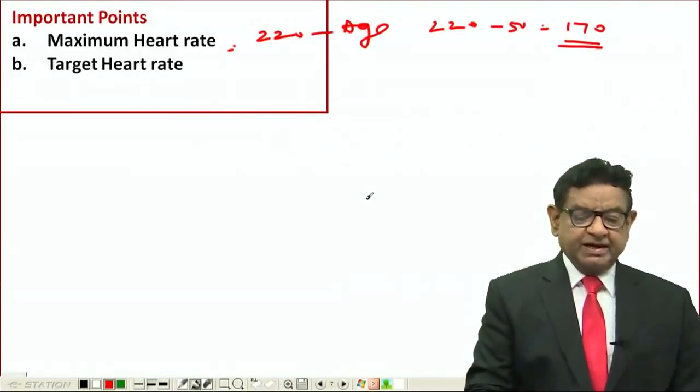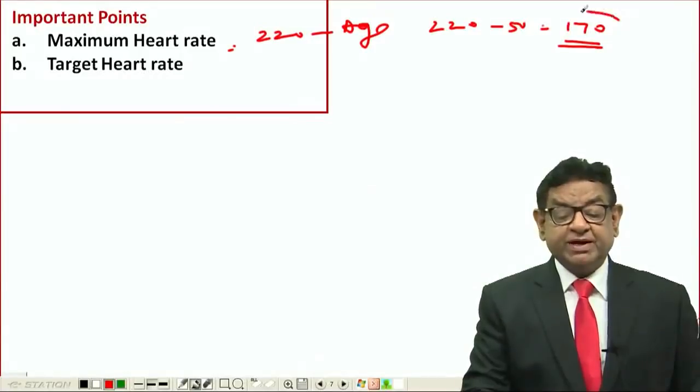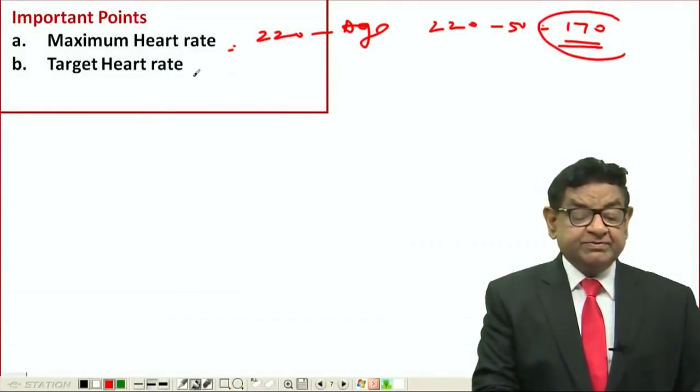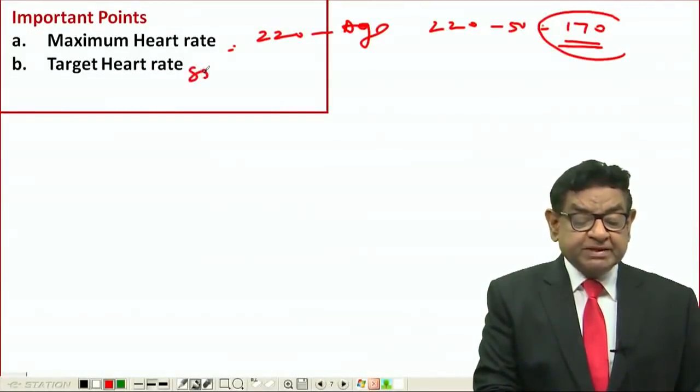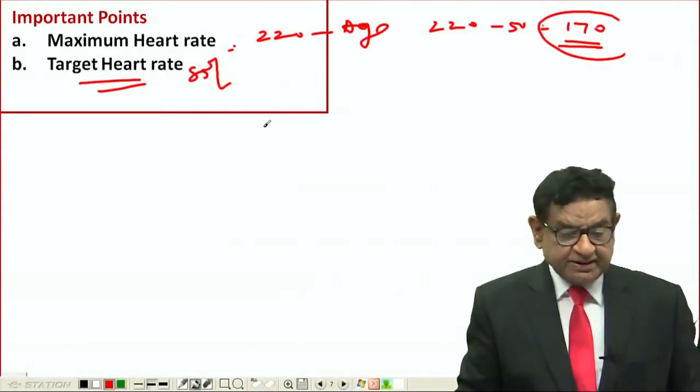What is target heart rate? It's not possible for every patient to achieve maximum heart rate. But even if the patient achieves 85% of the maximum heart rate, we say target heart rate is achieved.